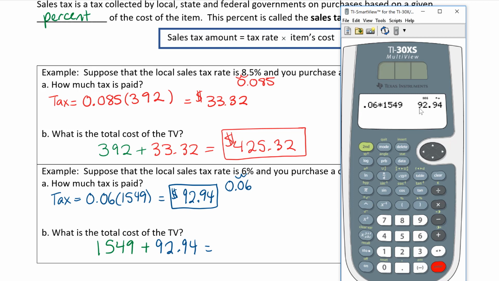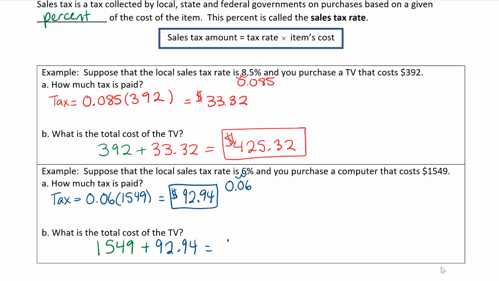So since I already have $92.94 in my calculator, instead of having to type it all over again, if you just hit plus, that takes whatever your answer was, and I'm going to add 1549, and that gets me $1,641.94. So my total cost of the computer is $1,641.94 for the original price of $1,549.